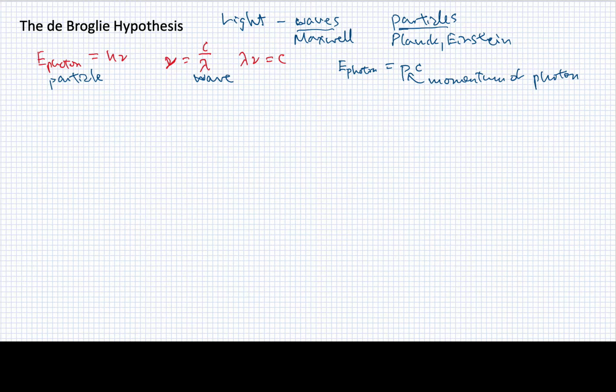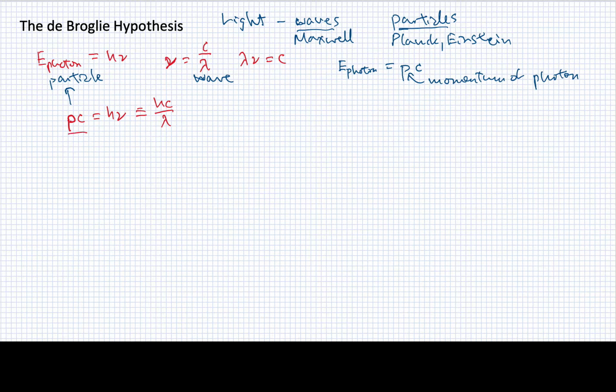But we also know from this expression over here that we can relate light to its frequency. So in other words, we have a compound equation now: pc, which is the energy of the photon, is equal to h nu. And h nu, in fact, is equal to hc over lambda.